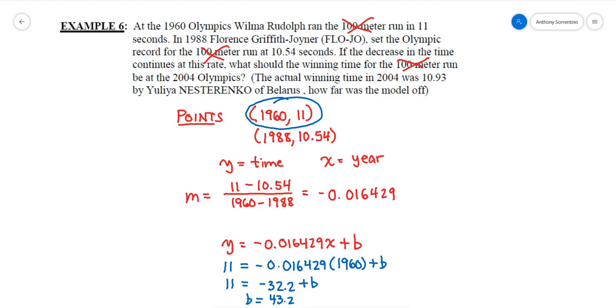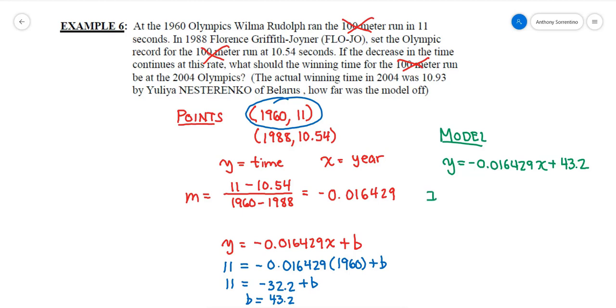So that means that my model for this is y equals negative 0.01649 x plus 43.2. Now I have a formula. Now I can predict what happens in 2004.